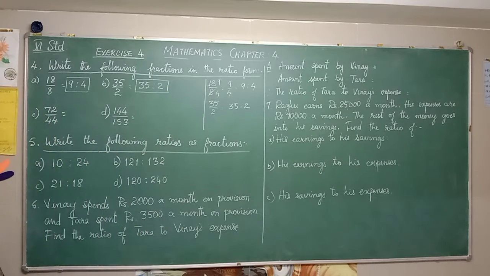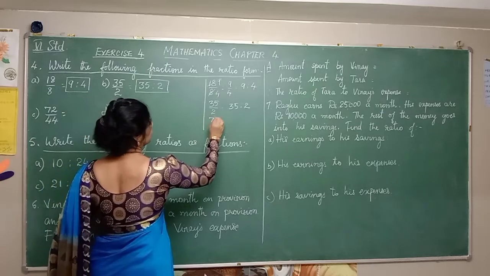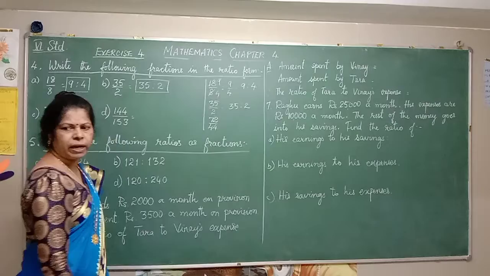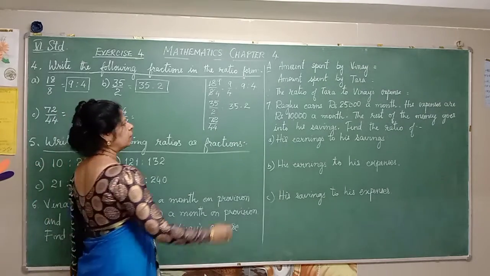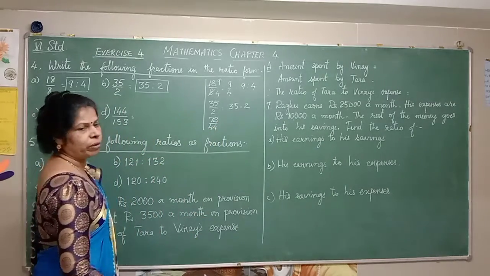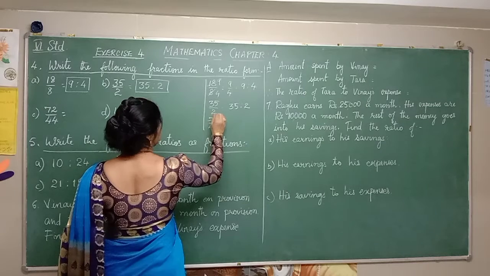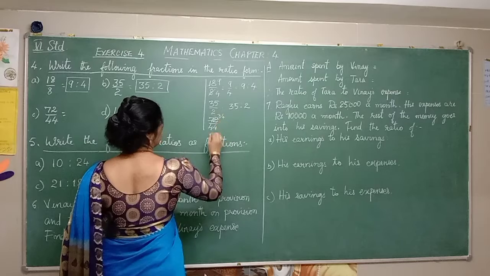Next one is 72 by 44. See whether you can simplify. Both are even numbers, isn't it? So you can directly go with the 2 table. 2 3s are 6, then 2 6s are 12.